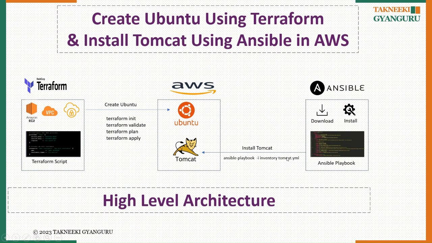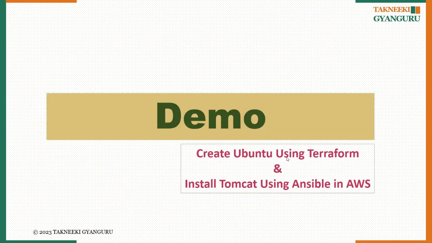And in tomcat.yaml, we will define all the tasks: update the Ubuntu box, download Java and Tomcat, install Java, and restart or start Tomcat. This is the whole high-level architecture, right? So this is the time for the demo. Let's move to the demo now.